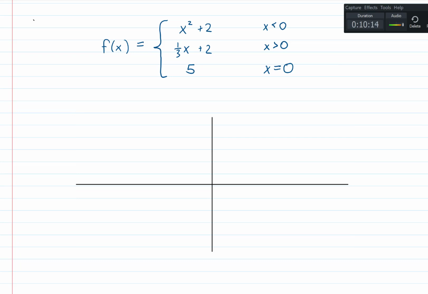If x is negative, then I get x squared plus 2. So I better put some marks on here. Let's do 1, 2, 3, 4, 5. The graph of f of x looks like that when x is negative.